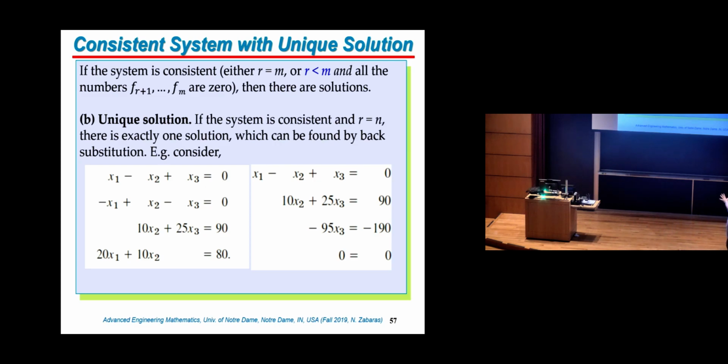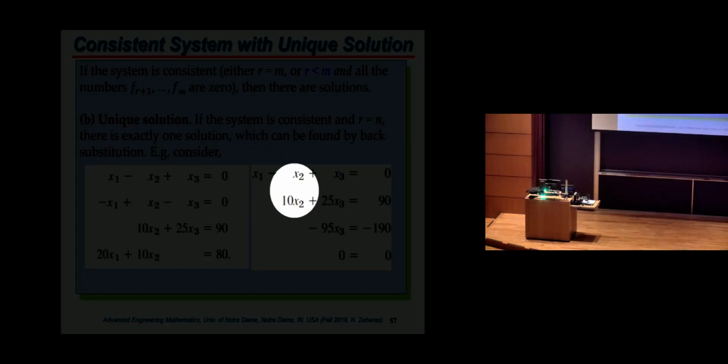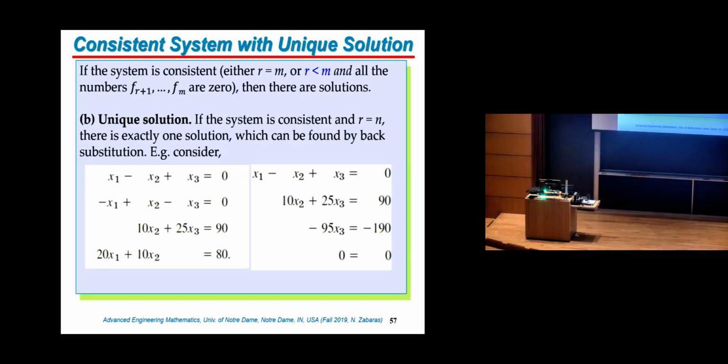So what happened to the last equation? I get 0 equal to 0. And how many non-zero pivots do I have in this problem? 3. So the rank of this matrix is 3.